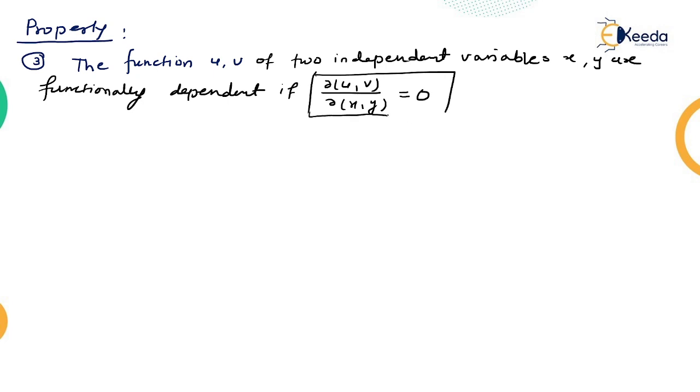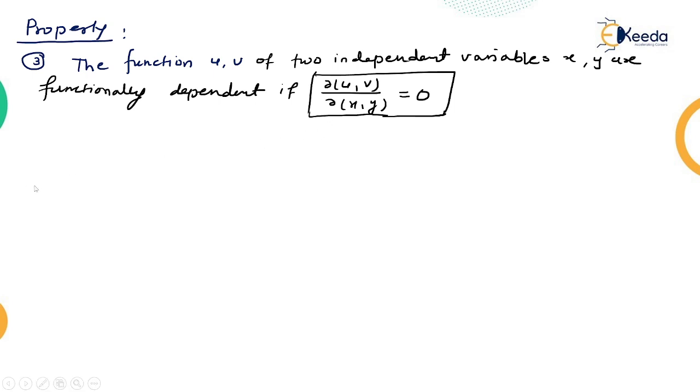In some example you want to show whether the functions are dependent or independent, so by using this result you can show whether it is dependent or not. Right, this is property number three.